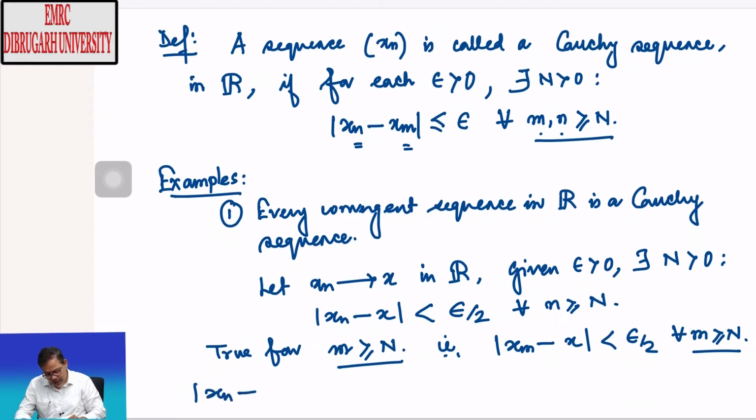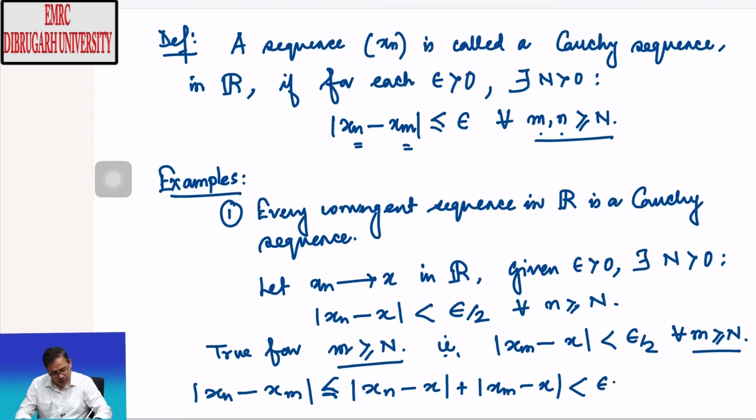Therefore, if I take x n minus x m, by the triangle inequality I can directly write that this is less than or equal to x n minus x plus x m minus x, and that is less than epsilon by 2 plus epsilon by 2, that is epsilon, for all m and n greater than or equal to N. This is the definition of the Cauchy sequence, and therefore, every convergent sequence in R is a Cauchy sequence.